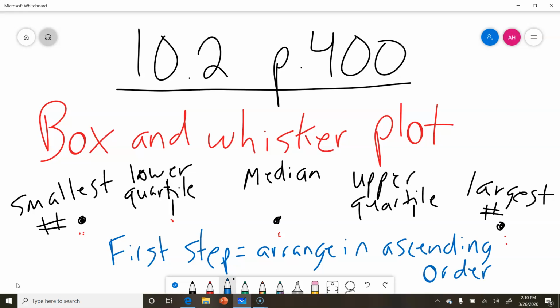What that means is that you have to go from the smallest to the largest. Okay, I'm going to let you write that down, but if you need to pause the video at this place, and then I'll show you what this is going to look like when we have some numbers to actually look at. Okay, so if you need to pause it, go ahead. I'm going to get a clear canvas here.